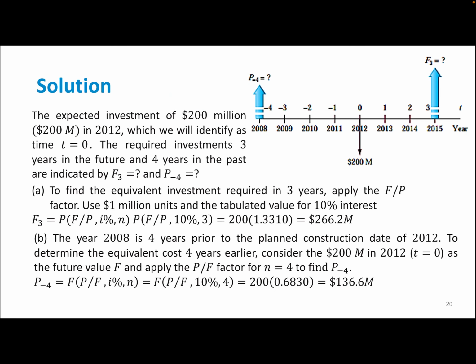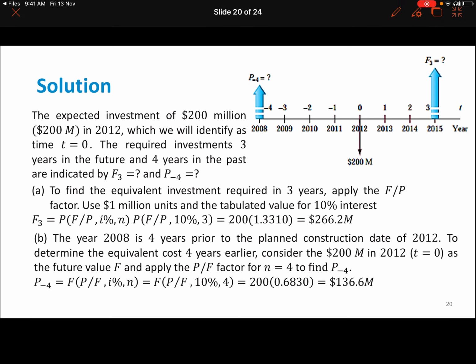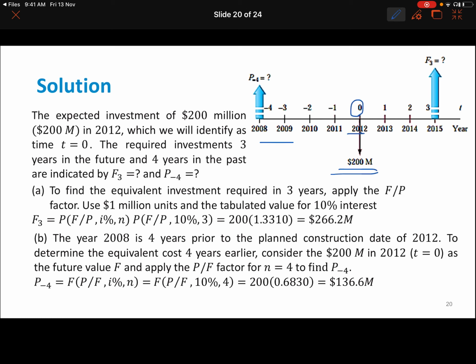The expected investment, now we wrote the same. This is $200 million at zero right now, 2012. If we move from here to here, this is P given F. If we move from here to here, this is F given P. n here is from 0, 1, 2, 3 from 2012.